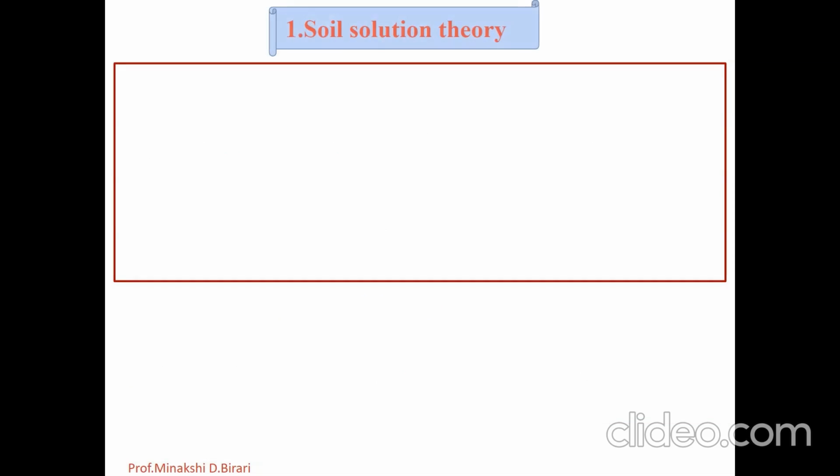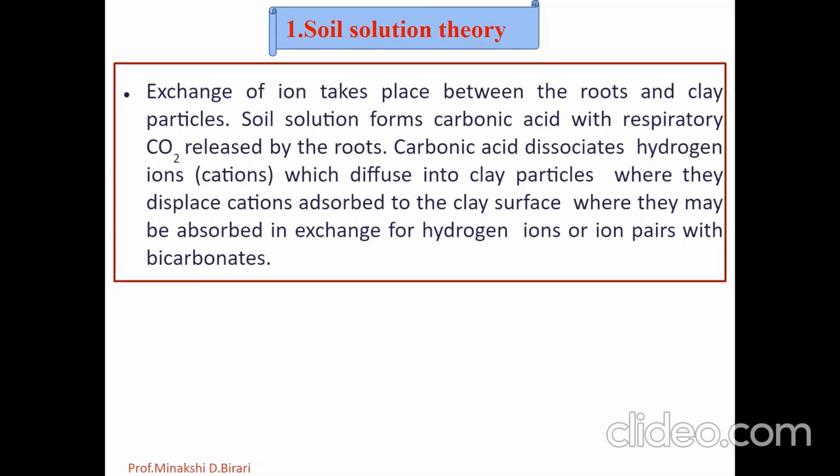So let us discuss soil solution theory. Exchange of ions takes place between the roots and clay particles. Capillary water, which is also called soil solution, forms carbonic acid with respiratory CO2 released by the roots.